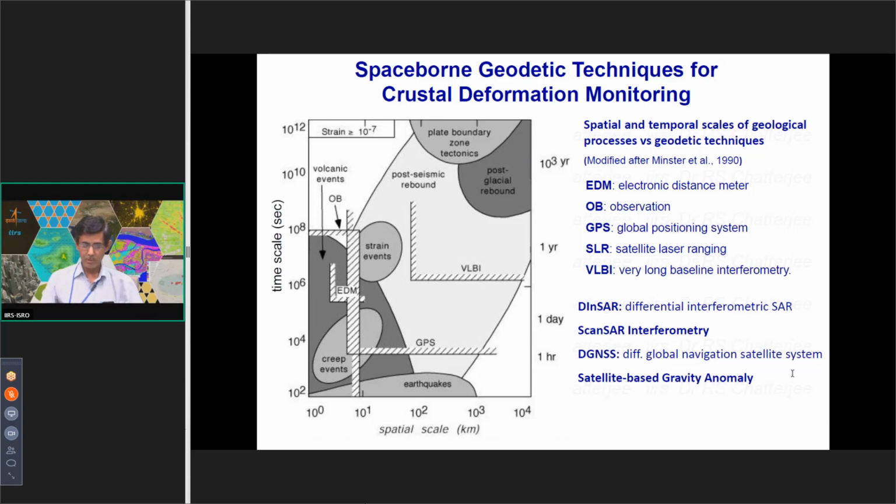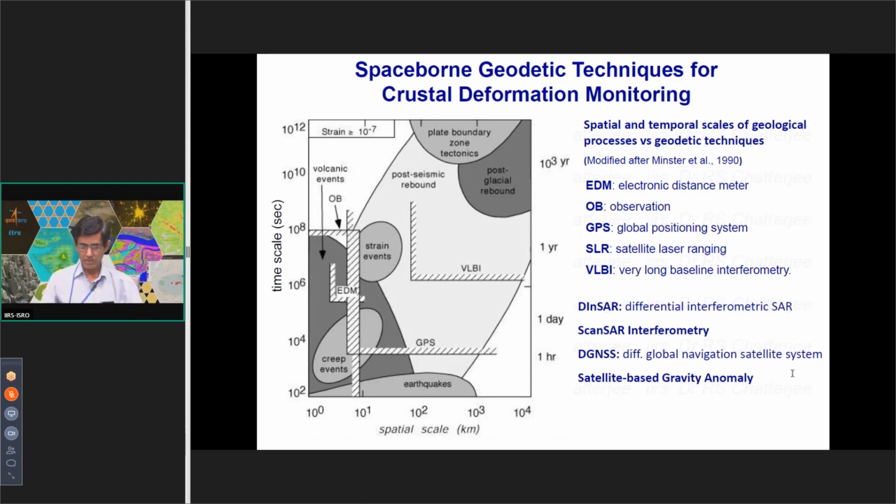Crustal deformation happening before the earthquake is in general a very slow deformation. So ScanSAR interferometry becomes very important nowadays to measure this very slow crustal deformation between earthquakes or before the earthquake.